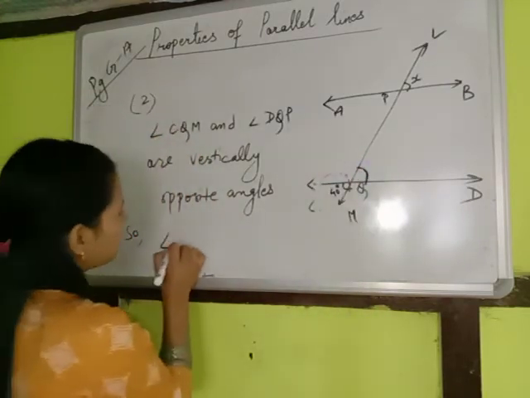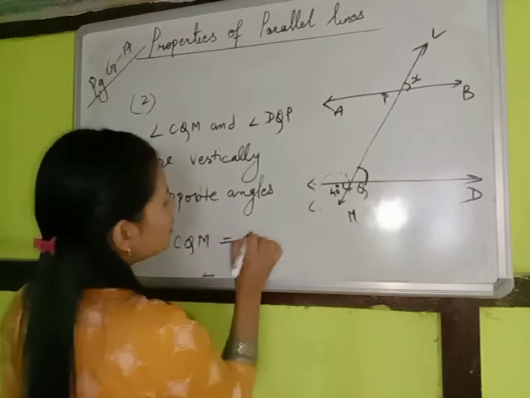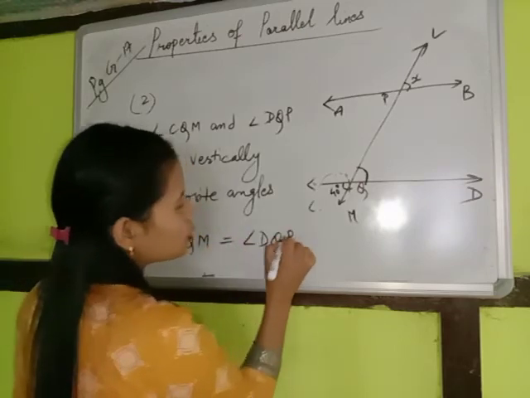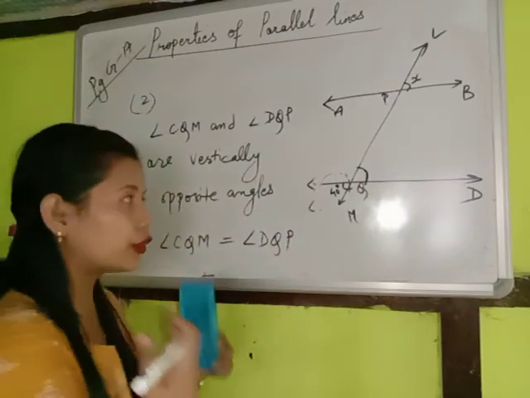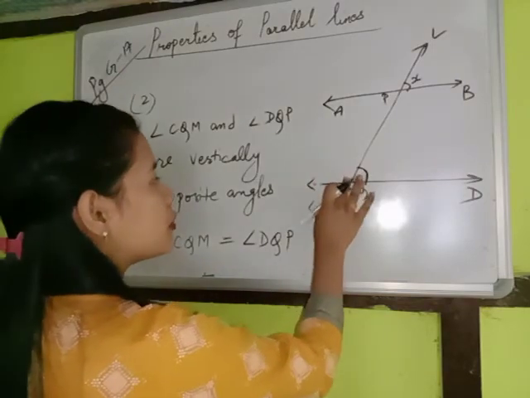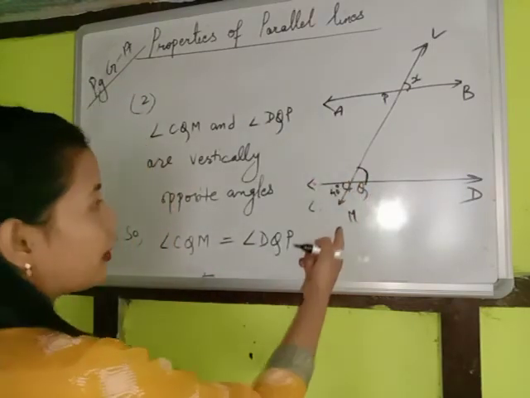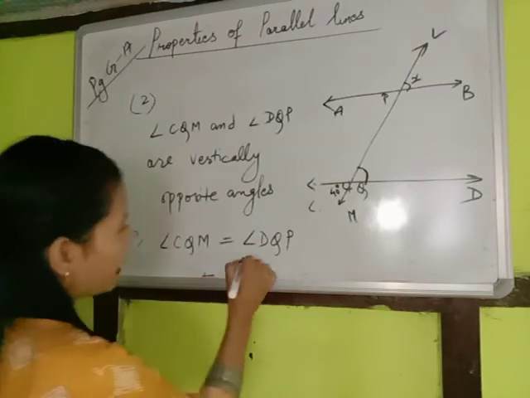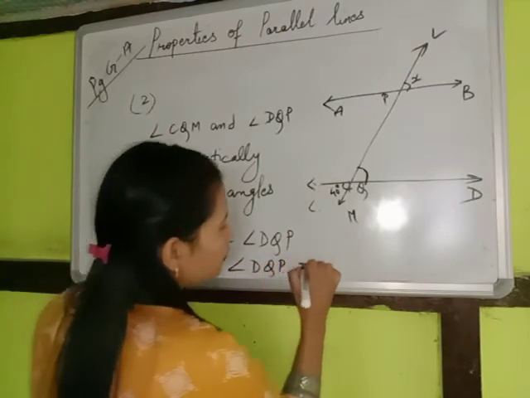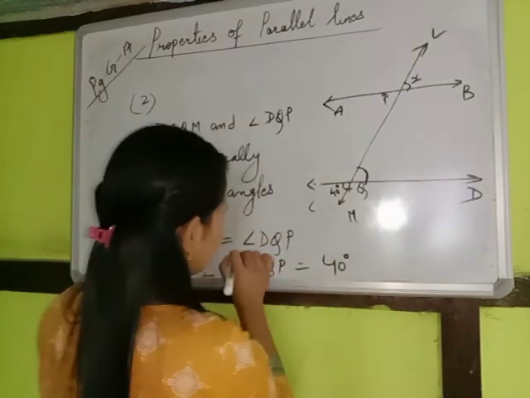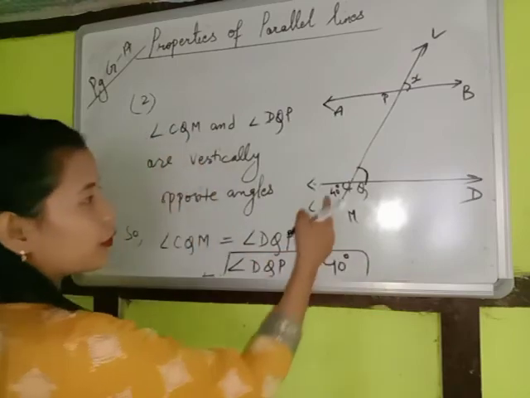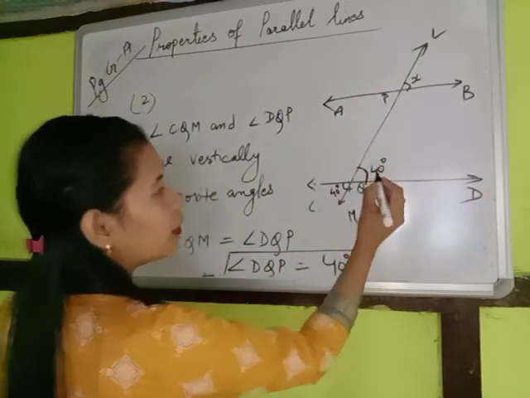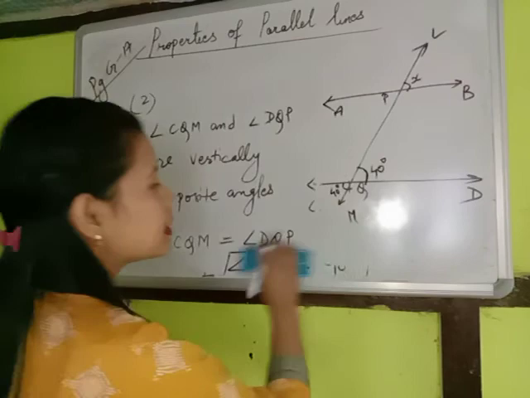So angle CQM will be equal to angle DQP, because vertically opposite angles are equal. I know the value of CQM, so angle DQP will be equal to 40 degrees. Is that clear? So from this I figure out the value of this angle, which is 40 degrees.